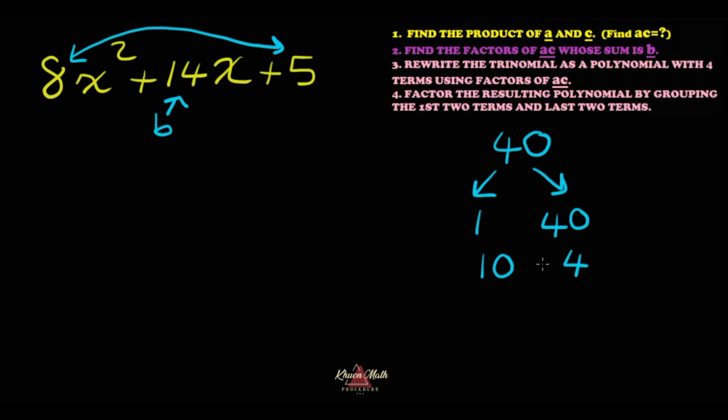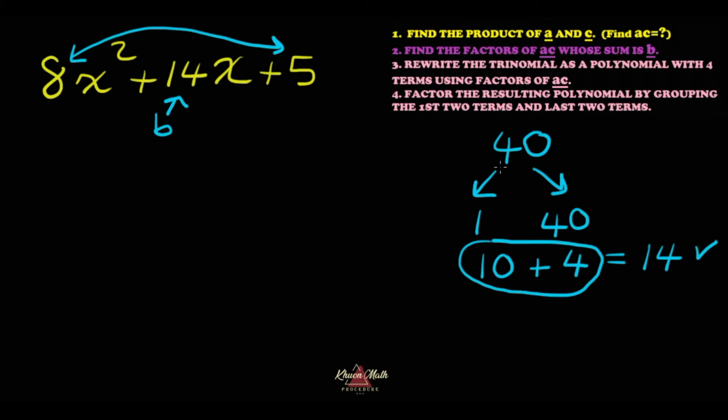What's 10 plus 4? 10 plus 4 is 14. Okay, and then our b is 14, so check. All right, so these are the 2 numbers we're going to work with, 10 and 4. So that's step number 2.